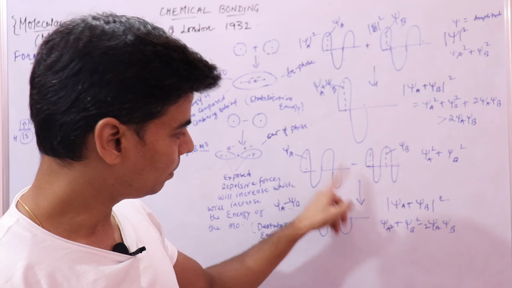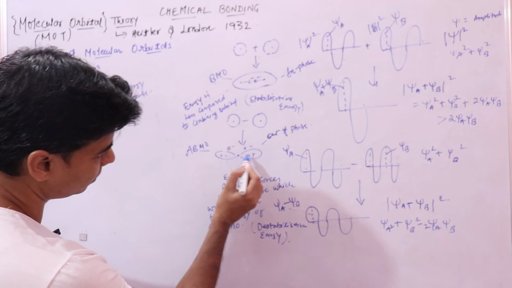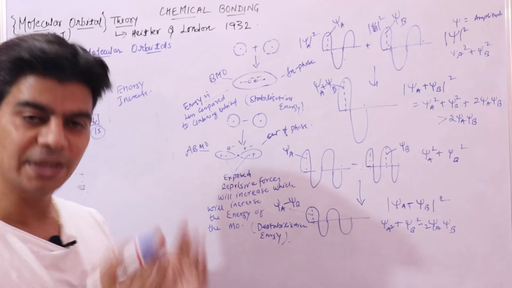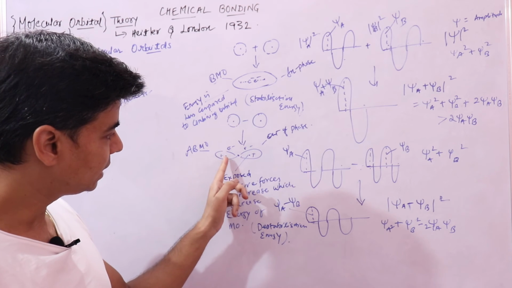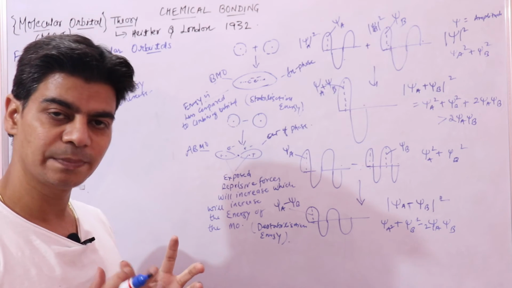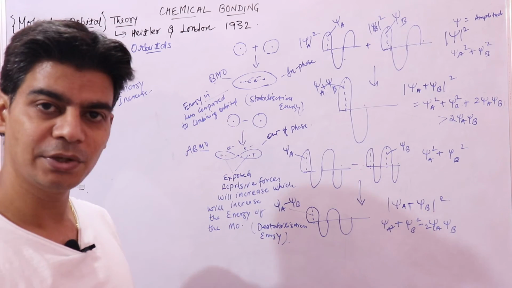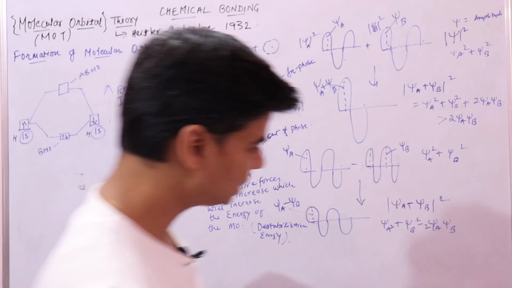But when these two combine to form this smaller wave or this smaller orbital, electrons spend less time in the internuclear region. So the probability of finding the electron in the internuclear region is less, which will lead to destabilization.